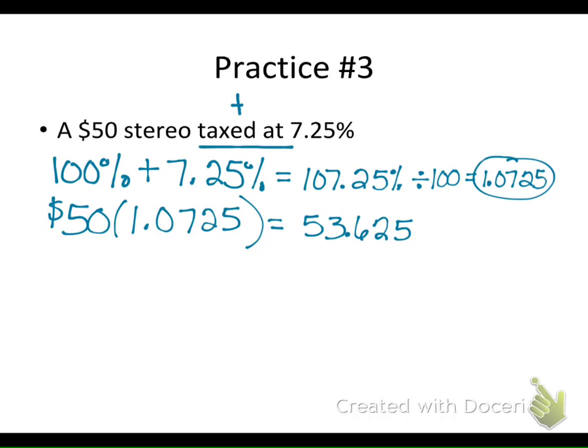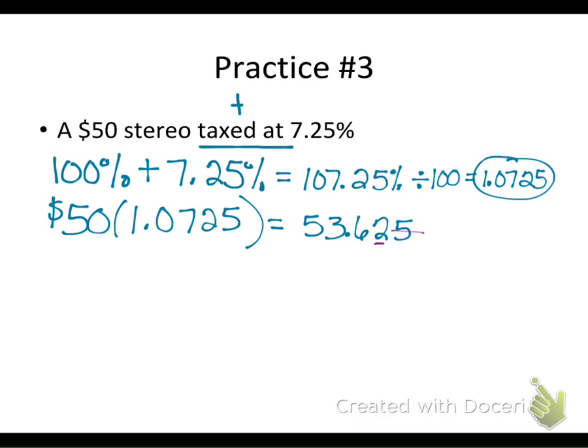All right, now, the Target cashier didn't say, ma'am, your stereo is going to cost $53.625. Okay? I'm going to go 2 places past the decimal, right? So what number is in my 100th place value, or 2 places past the decimal? The 2. So I'm going to look to the right of the 2. Everything behind that 2, I'm not going to use. But I do need to use it to see if I'm going to round this up or leave it the same. So I look directly to the right. Is this 5 or greater? Yes.